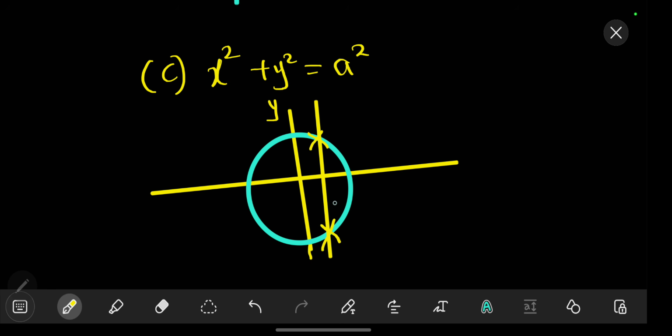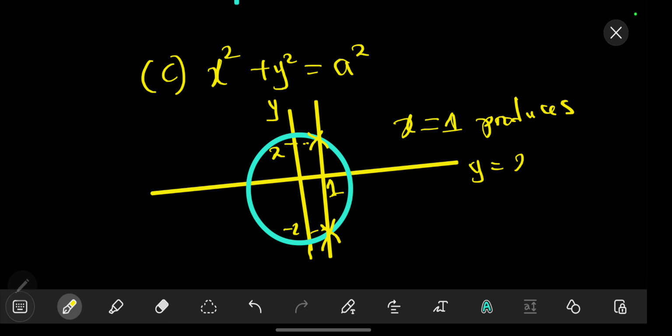Let's say for x equal to 1, it will be able to touch, let's say this point is -2, and let's say this point is +2. Then it means x is equal to 1 produces y equal to +2 and y equal to -2.